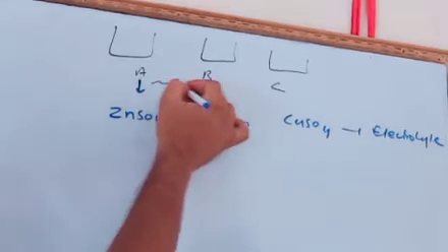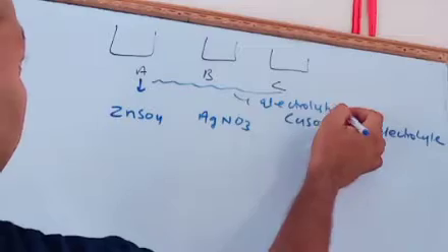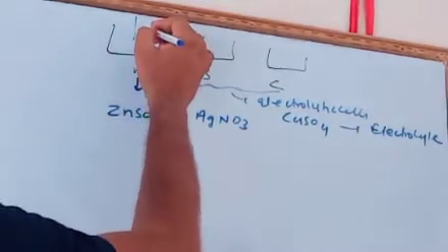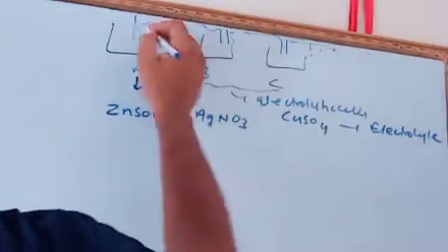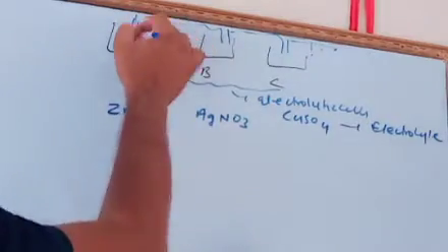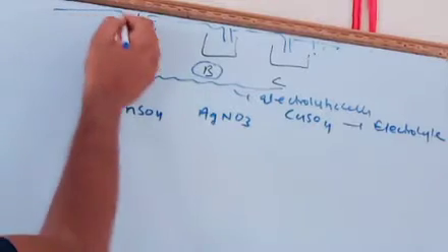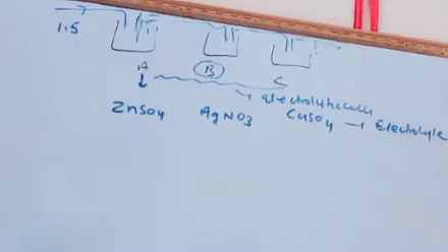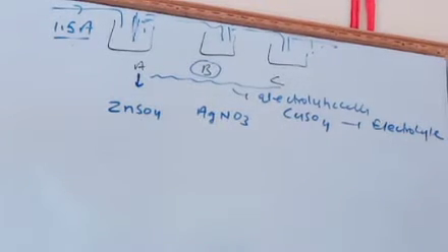The electrolytic cells A, B, C are connected in series. And there is one more condition: a steady current of 1.5 ampere is flowing.